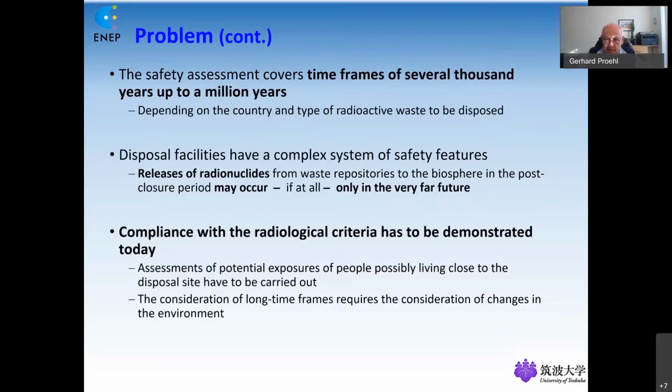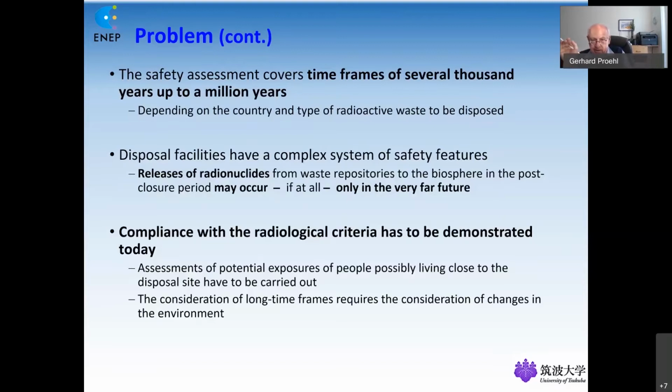And disposal facilities have a complex system of different safety features, and therefore, if releases of radionuclides from the waste repository to the biosphere should occur, it will occur only in the very far future.